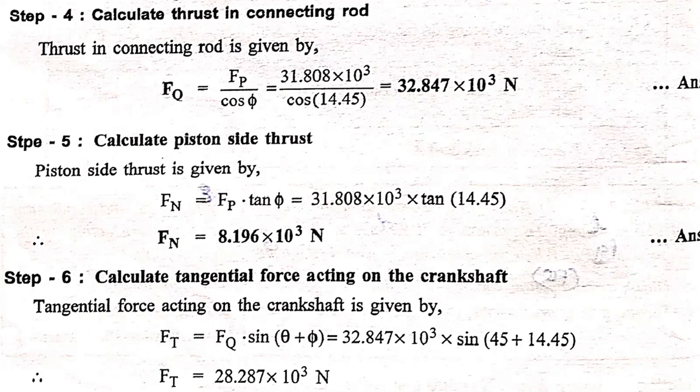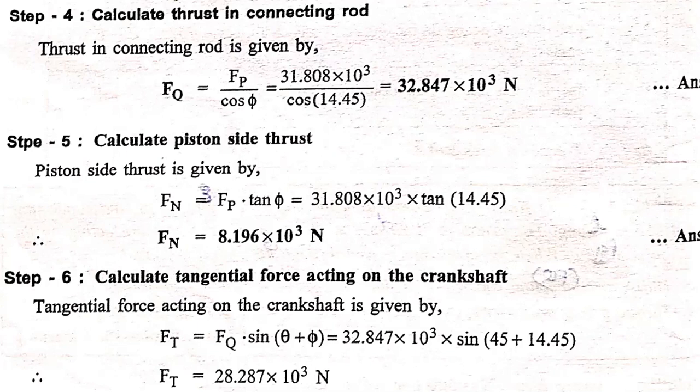We denote Ft for the tangential force, which is equal to Fq into sine of theta plus phi. So 32.847 into 10 to the power 3 into sine of 45 plus 14.45. We are getting 28.287 into 10 to the power 3 Newton.